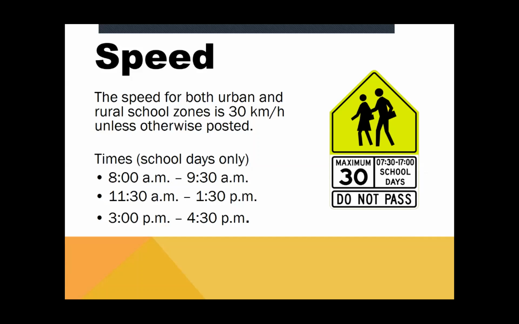But on this sign here, it shows you that their school zone times are 7:30 a.m. to 5 p.m. That 17 is in like army time. That actually means 5 p.m. So just be mindful, different areas or different towns can have different hours in school zones as well.